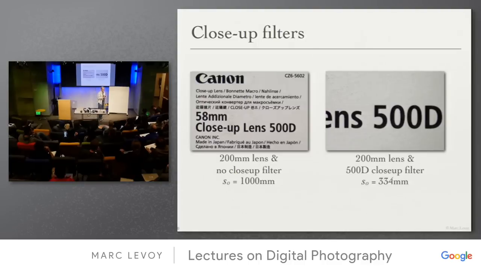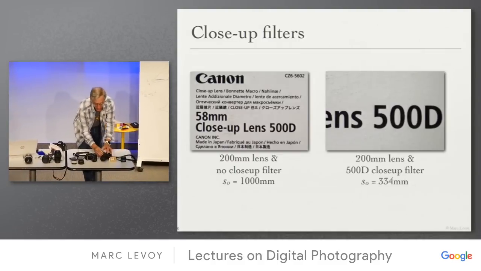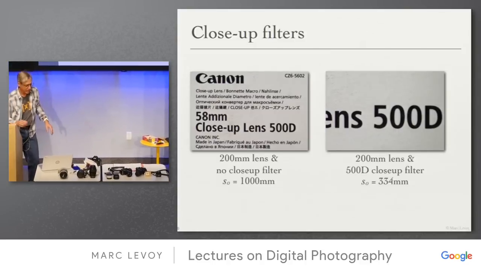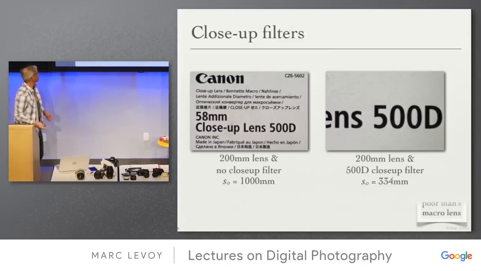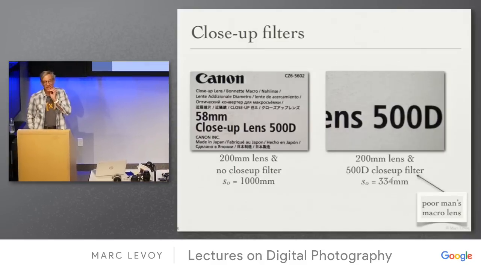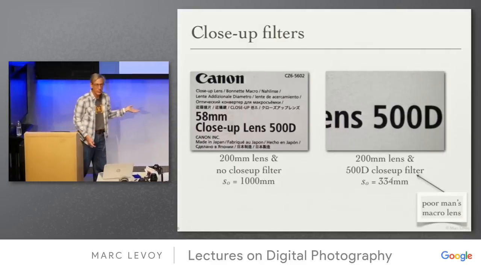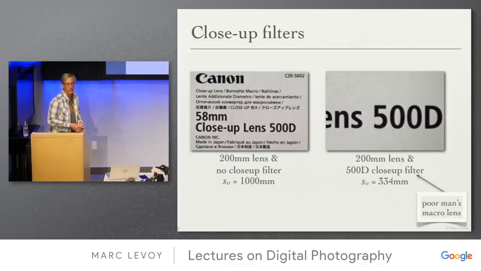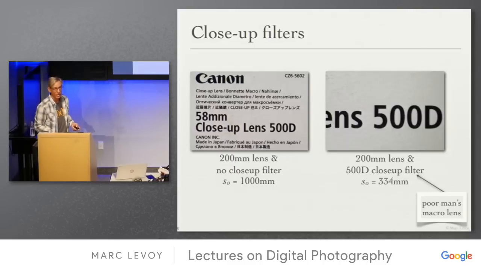But this allows me to have a shorter object distance with the image distance that I am constrained to by the mechanics of the camera. Okay, so poor man's macro lens. I say poor man's because it's not well corrected for aberrations. It's not as good as having an actual macro lens.